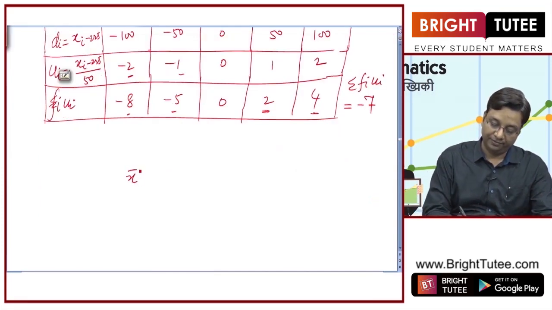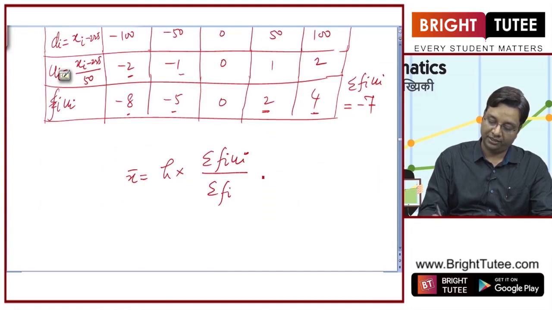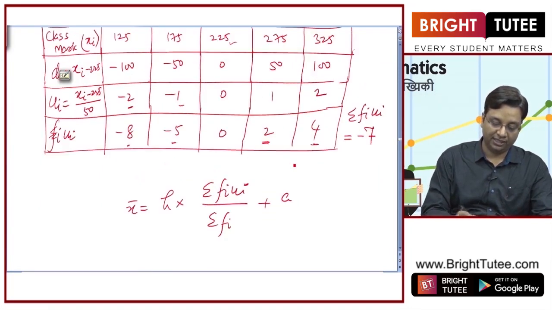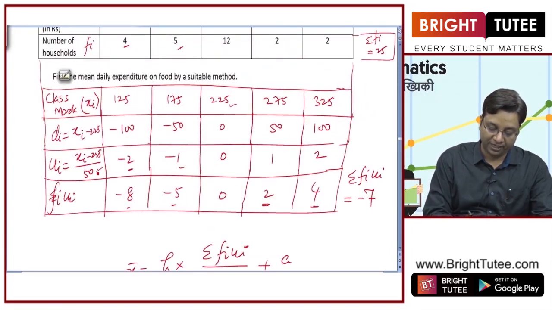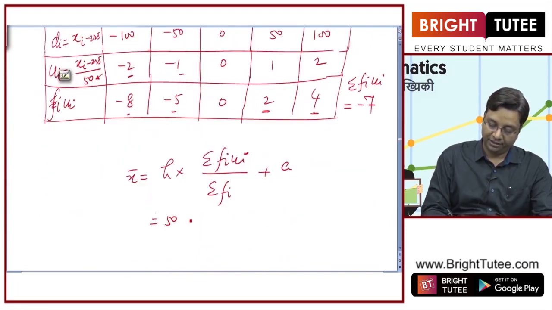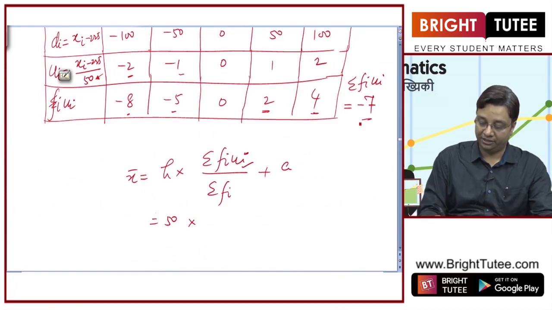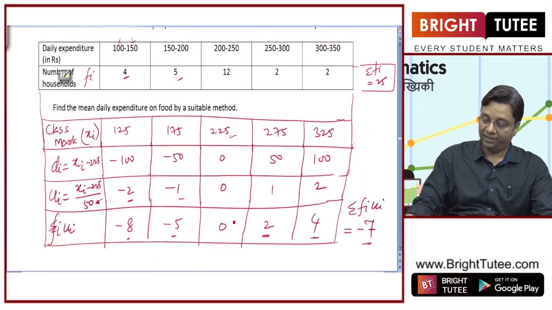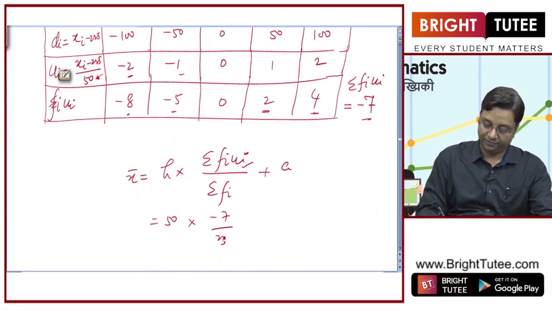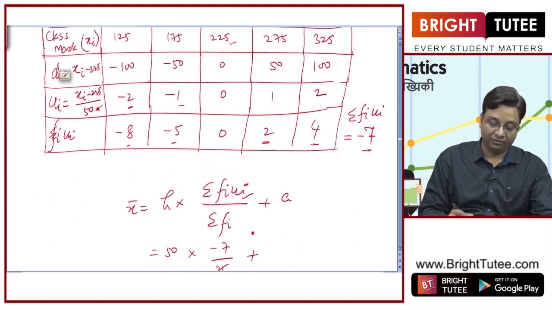Now the formula, h into sigma fi ui by sigma fi plus a. What is h? The number with which we divided here, which is 50. 50 into, what is sigma fi ui? Minus 7. Sigma fi 25 plus, what was a?